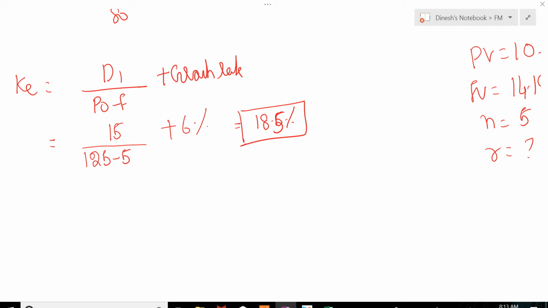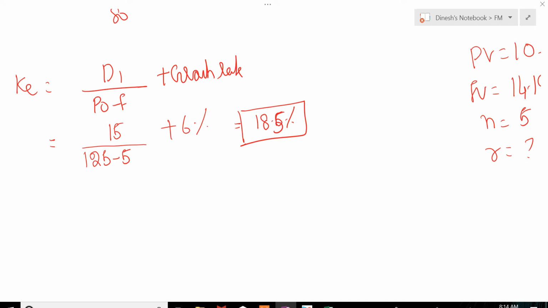What's the second form of capital in the balance sheet? Retained earnings are the same as cost of equity except for two conditions. Personal taxes: is there any information on personal tax? Any information on flotation cost? If flotation cost is there, then I cannot copy it.